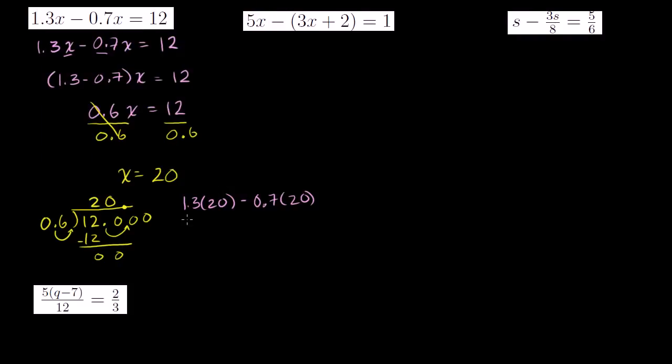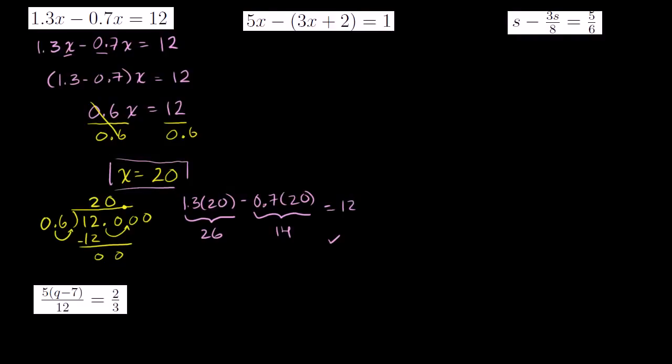So that piece right there is 26. And then 0.7 times 20, I don't need a calculator for that. That is 14. 26 minus 14 is 12. So it checks out. We got the right answer for this equation. x is equal to 20.